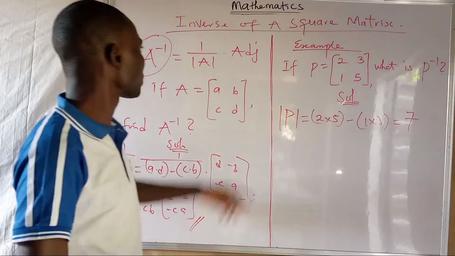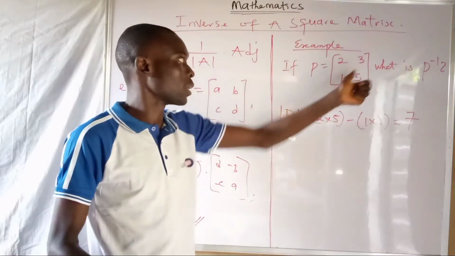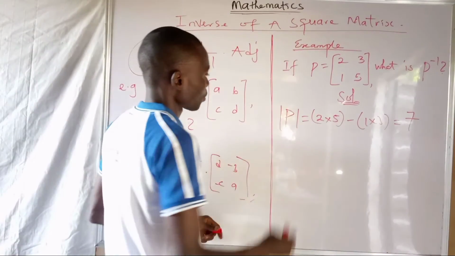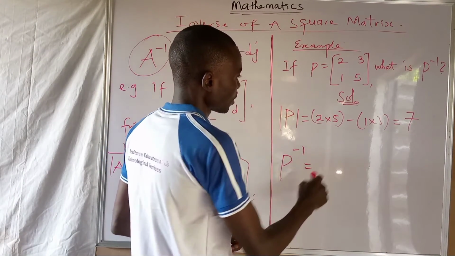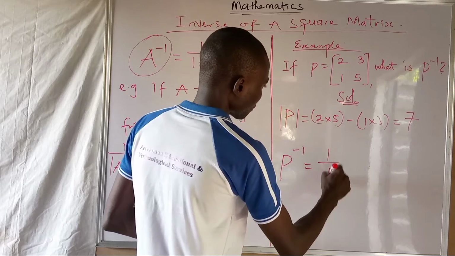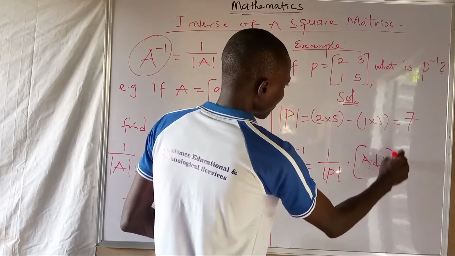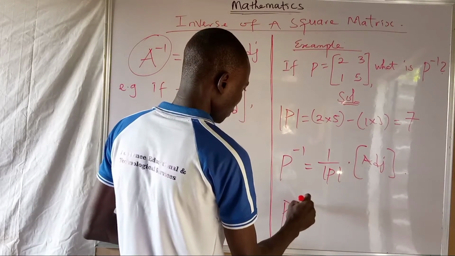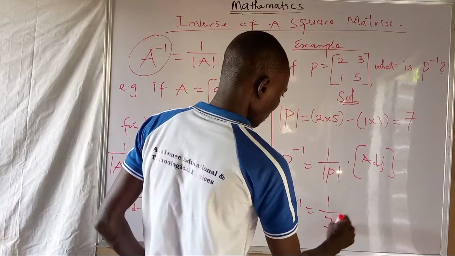Then find the adjoint, that is by interchanging 2 and 5 and applying minus to 1 and 3. So finally, to find the inverse of matrix P, we do 1 over determinant of P multiplied by this adjoint. 1 over the determinant of P was gotten as 7.